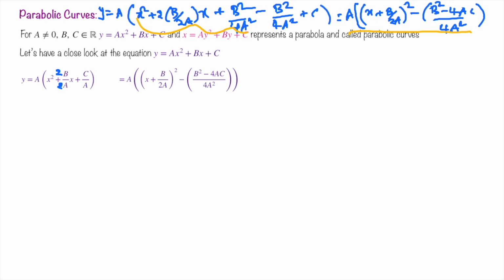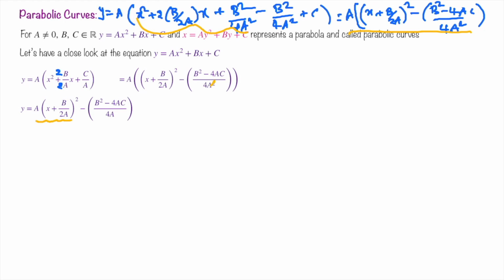Now if I take this a inside, then I will have y equal to a times x plus b by 2a whole square, so this square will cancel, then I will have minus of b square minus 4ac by 4a.